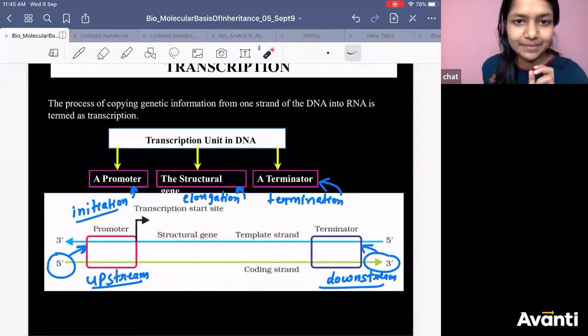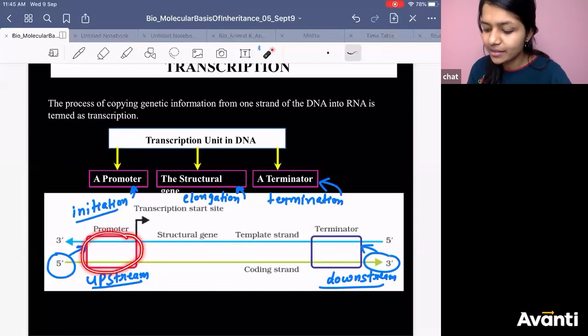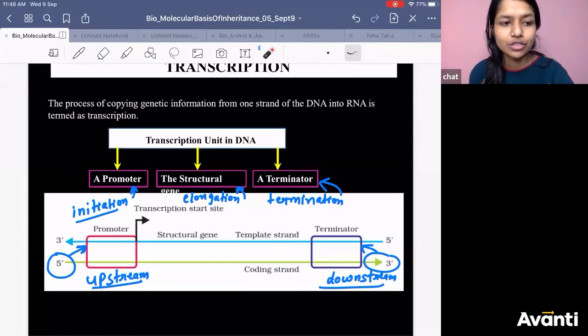Now I was talking about nomenclature. Tell me, what is the location of the promoter? 5' upstream, yes or no?